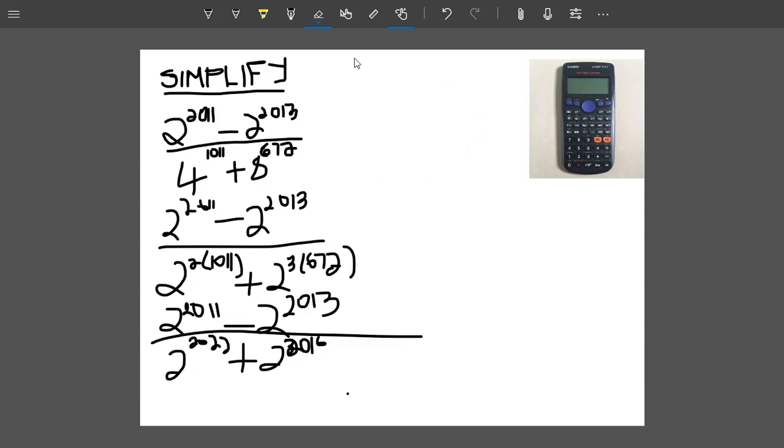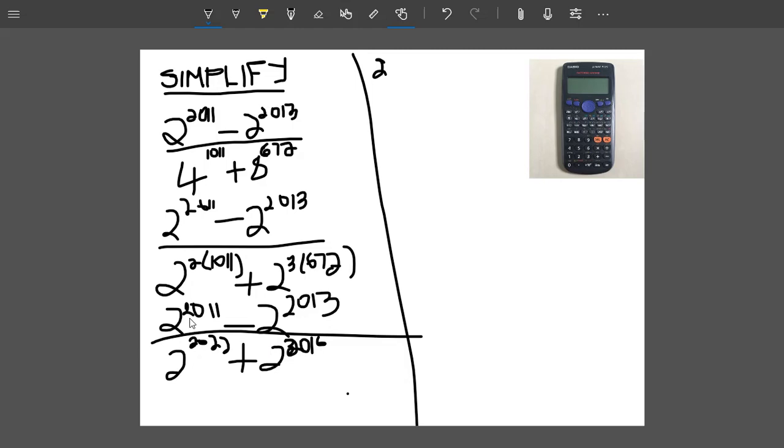Then as we continue, it will be 2 here. And now our bases are the same. Look at it, our bases are the same, so we can take out the common factor. So the common factor, when you look very carefully, you have to take the common factor of the lowest power.